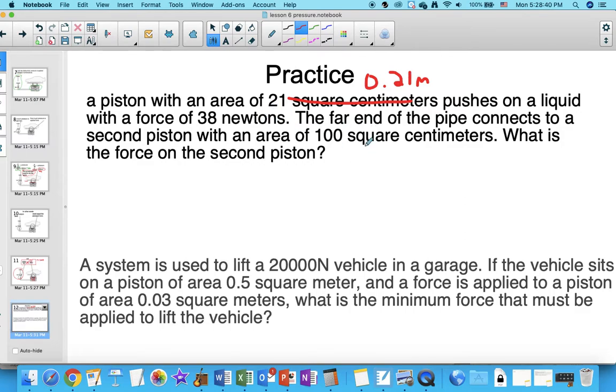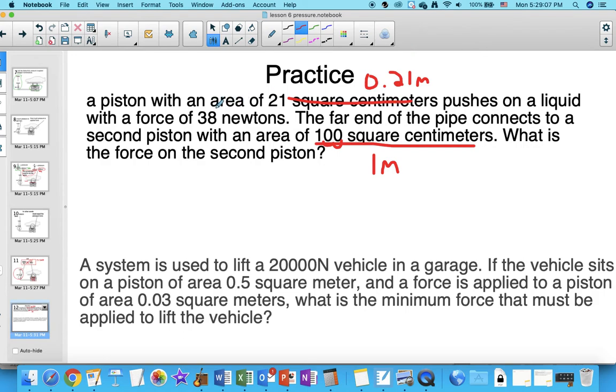We also have a second piston with an area of 100 square centimeters. Again, if you divide by 100, you move the decimal 2 spots and you get 1 square meter. So now we have our two areas.